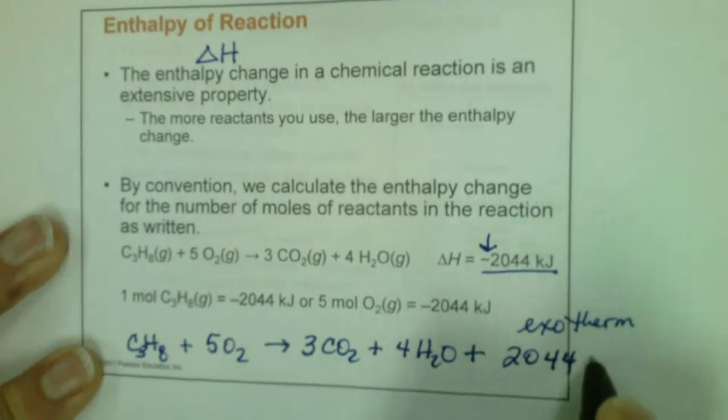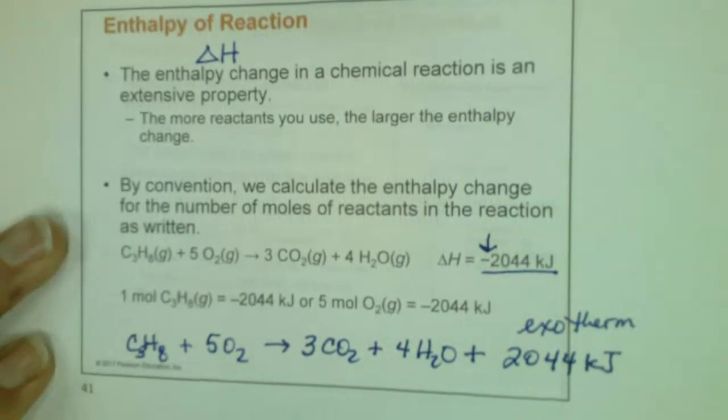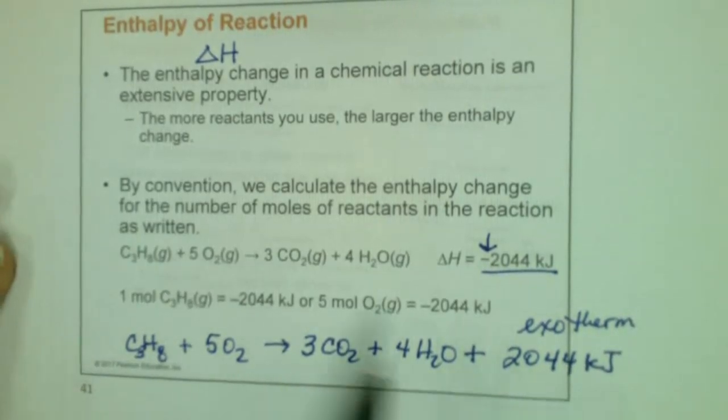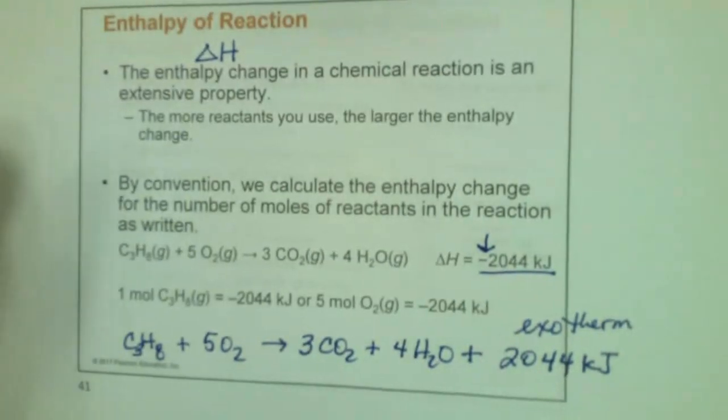And I can use this in stoichiometry. Now, if it is being absorbed, instead of writing it as part of the products, I would write it as part of the reactants.